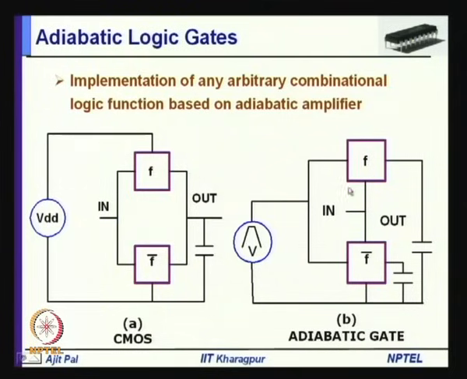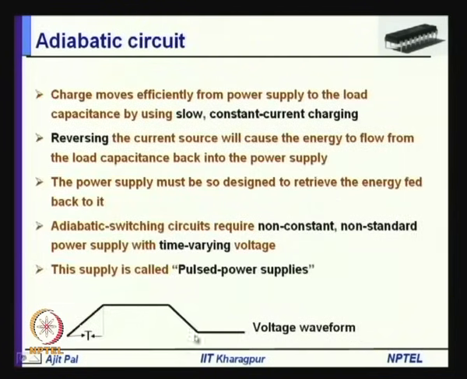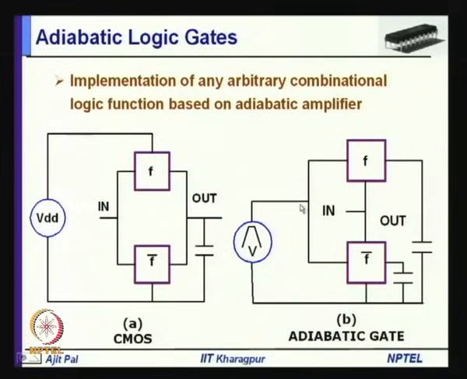In this case we are applying the input here, and we have two outputs, F and F bar. This is F bar and this is F, and instead of using a fixed voltage here, we are applying a time varying voltage, the pulsed power supply that I mentioned earlier. So, to this input you are applying it, that means the circuit which is realizing F as well as the circuit which is realizing F bar.